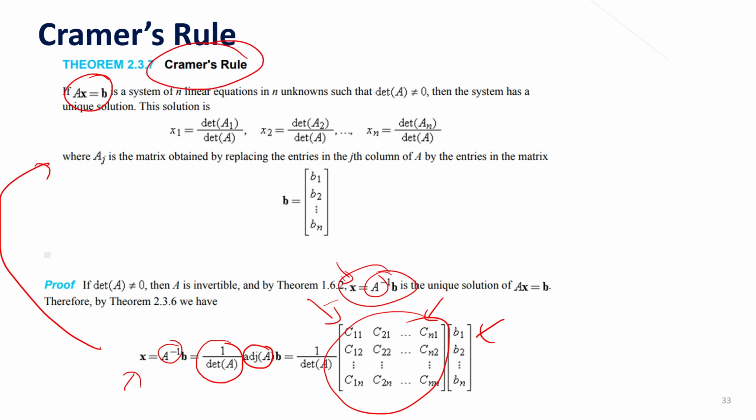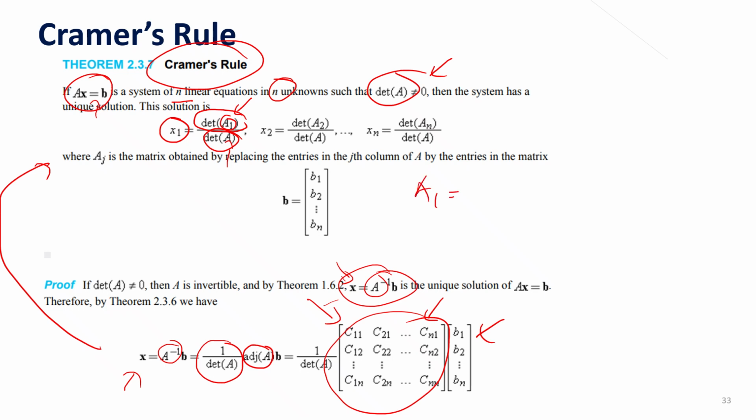Basically, you can solve Ax equals b, n linear equations with n unknown variables, with the determinant of A not equal to 0. You can find the x1 value as equal to the determinant of matrix A1 divided by the determinant of A. And now the question is, what is A1?